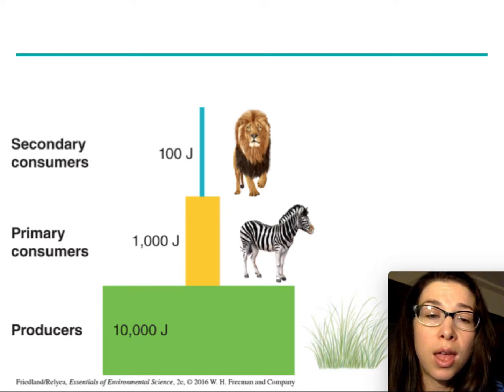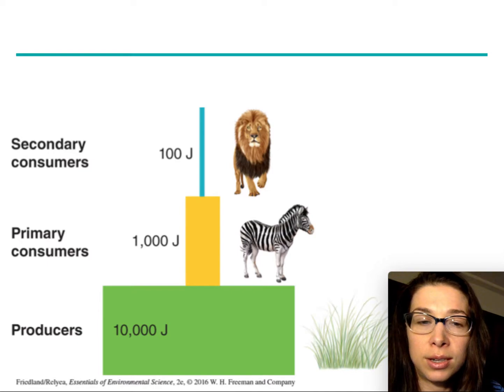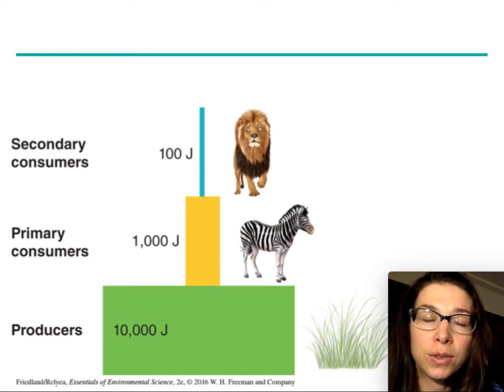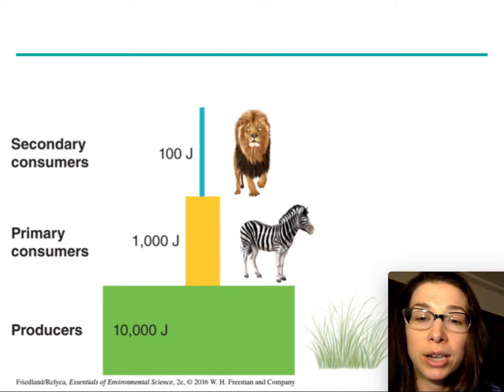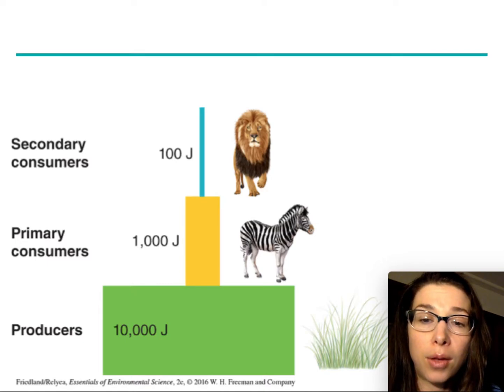If you look at the amount of energy in primary producers and how much of that gets transferred to primary consumers, the amount of energy that the primary consumers are eating compared to the amount of mass that primary consumers actually put on is quite small, right? So if that zebra is going around eating hundreds and hundreds of pounds of grass, it's only going to put on a pound or two of weight.